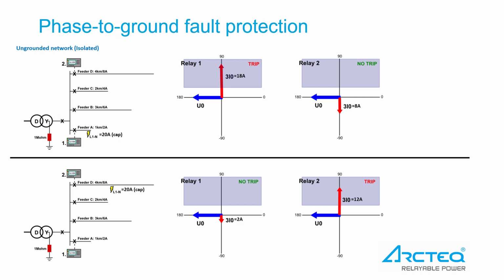The fault current in isolated networks comes mainly from the system capacitances, meaning that the amount of cables and overhead lines in total affects directly the capacitive fault current size at the fault location. In the upper example, the fault current at the fault location is roughly 20 amps of capacitive current.